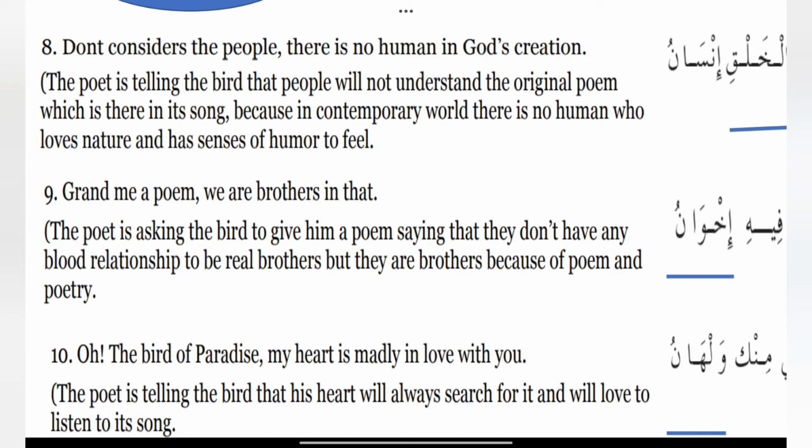I think he's saying in general there are some people, but he's just talking. Then, grant me a poem, we are brothers in that. The poet is asking the bird to give him a poem, saying that they don't have any blood relationship to be real brothers, but they are brothers because of poem and poetry.